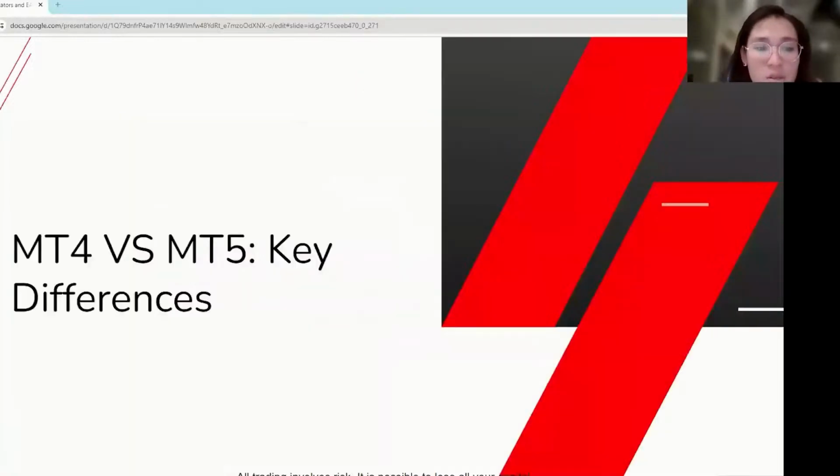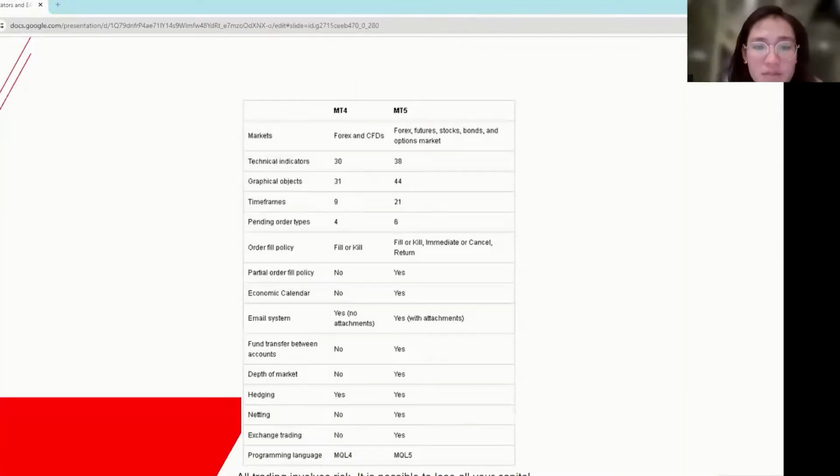Okay. So MT4 and 5, some key differences. Here's a table, a summary of all the differences between MT4 and 5, but basically it depends on your needs and preferences. MT4 remains a favorite for Forex traders who appreciate its simplicity and the extensive library of available EAs and custom indicators.